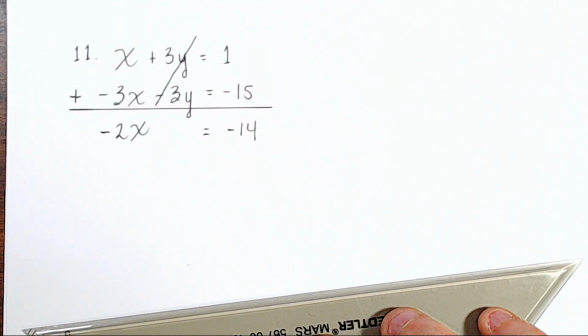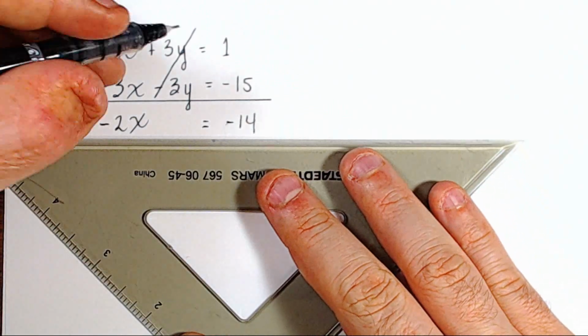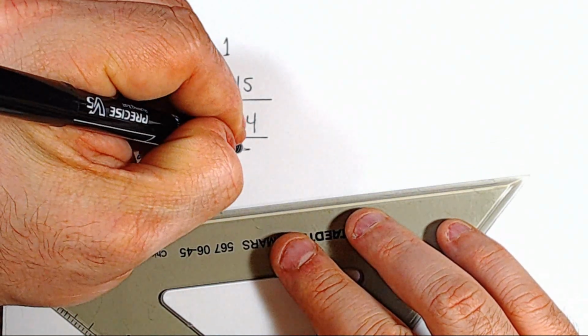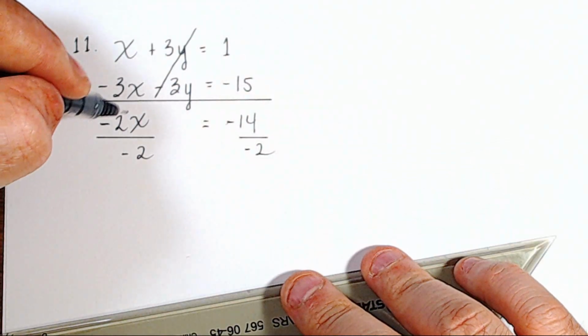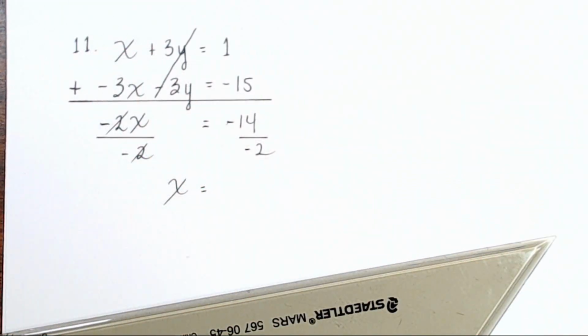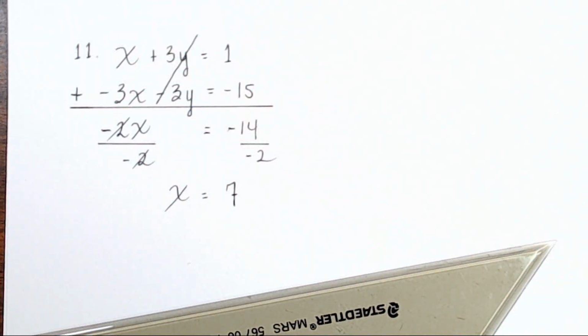So now I've got negative 2x equals negative 14. Divide both sides by negative 2, right? So these negative 2's cancel, and I have x equals negative 14 divided by negative 2. So what does x equal? 7. Was that fast, or what? It was very fast.